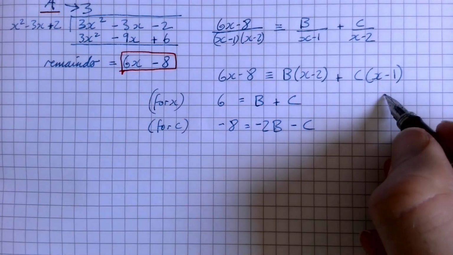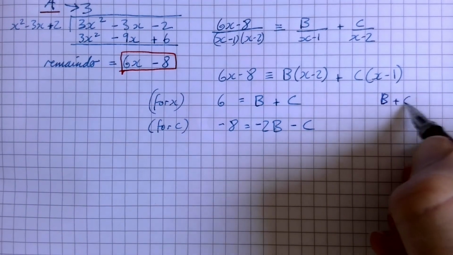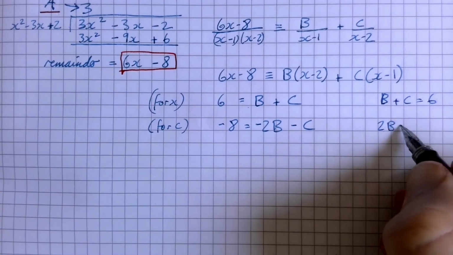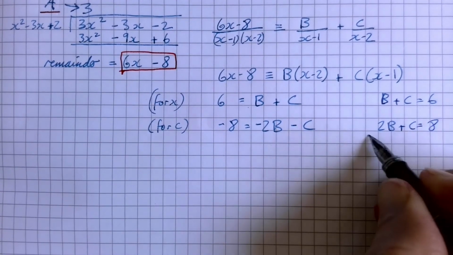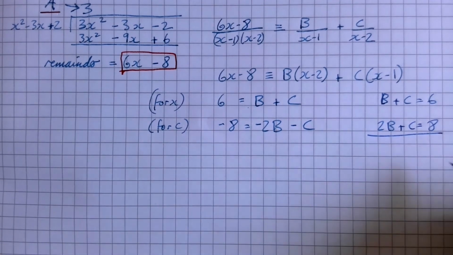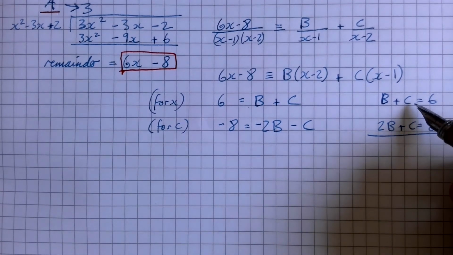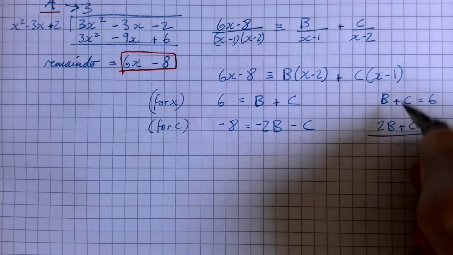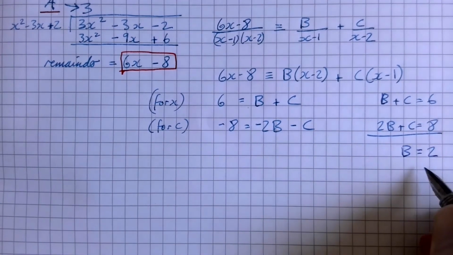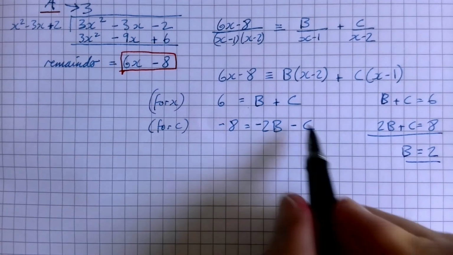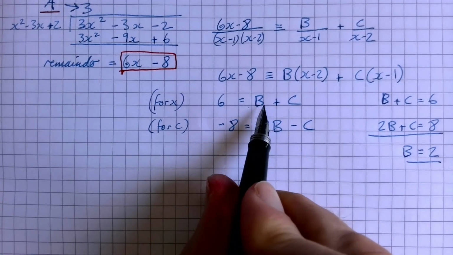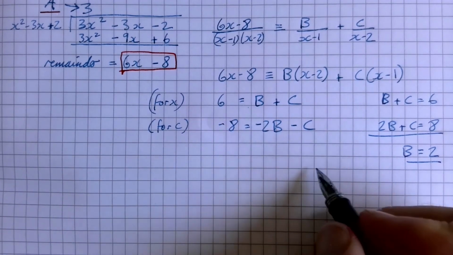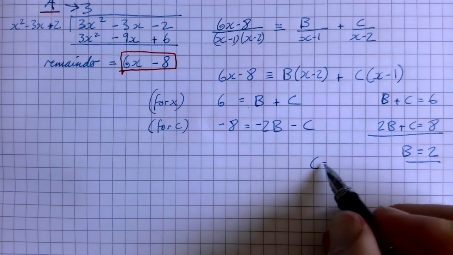So then we're going to have b plus c is equal to 6 for that one, and this one can become 2b plus c equals 8. However you want to solve that, if I take the top one from the bottom one, it'd be nicer. I'll get a positive, and I'll get b being 2. And then if I substitute 2 back into here, take 2 away from 6, and c must equal 4.